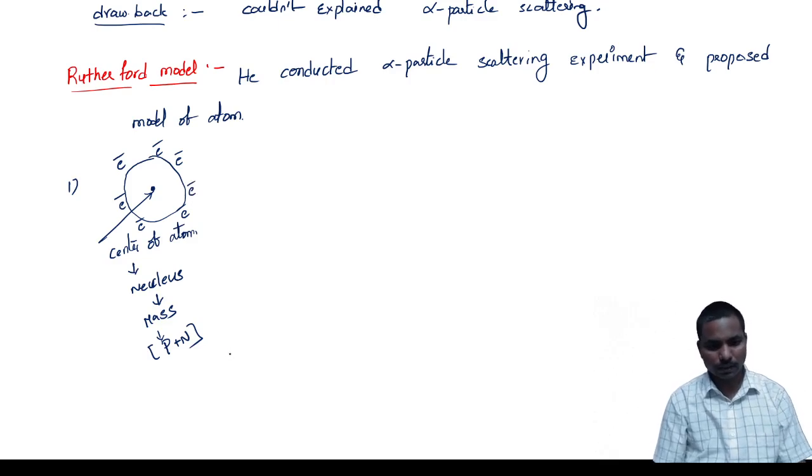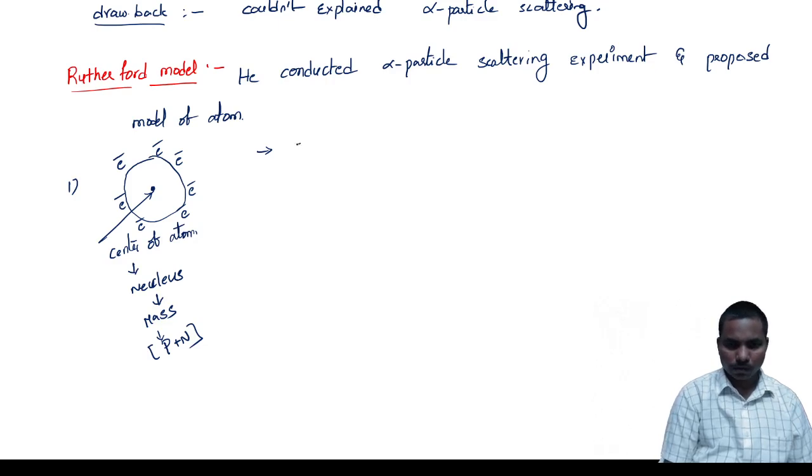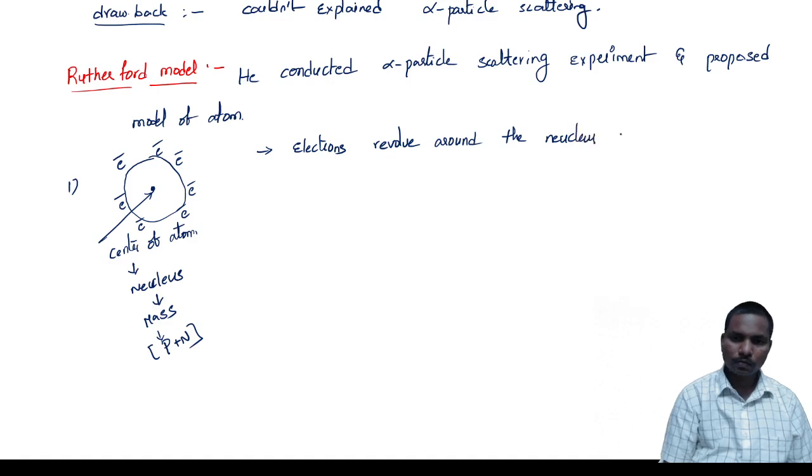So note down that point. Most electrons revolve around the nucleus in well-defined orbits.